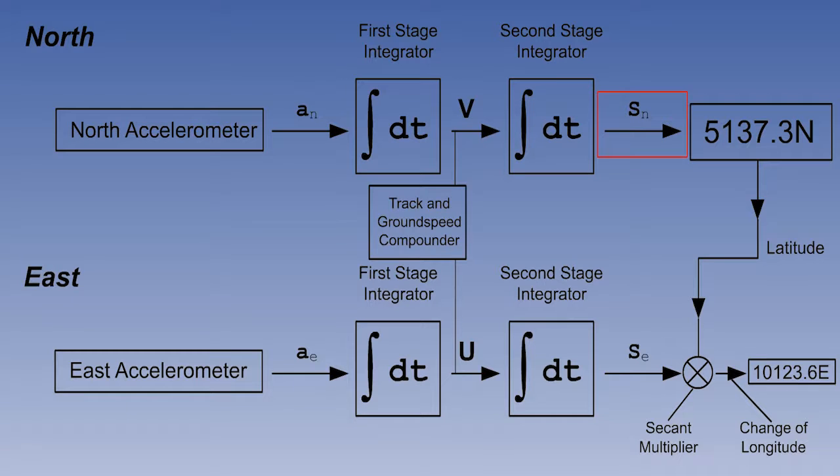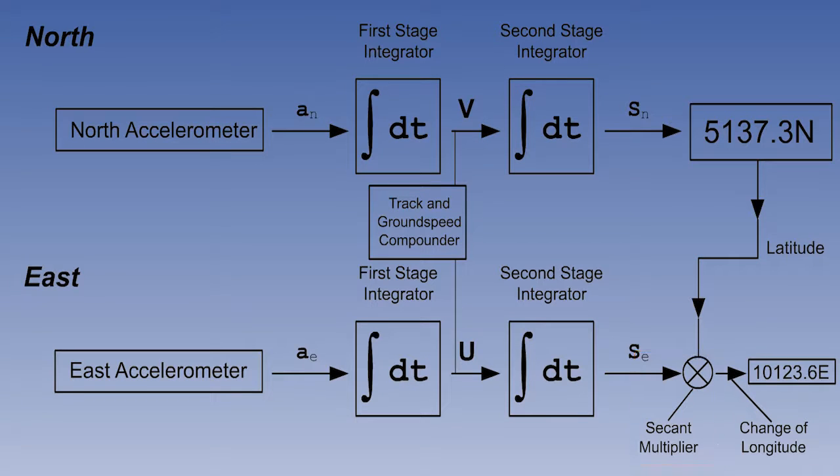The northerly distance gone is simply added to the initial position to generate a new latitude. However, the easterly distance gone has to be converted to change of longitude. We need an input of latitude. Fortunately, we already have it. It is the current latitude part of present position in the display.